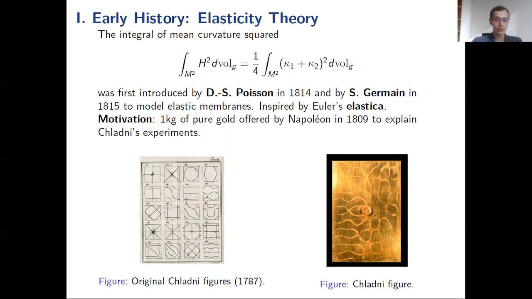You put some sand on a metal plate, and using, for example, a violin bow that you exercise on the side, some geometrical shapes will appear, as we can see on the pictures. So on the left, it's the ones of Chladni, and on the right, it's a modern experiment. And so the competition was to explain from a mathematical viewpoint how those could arise.